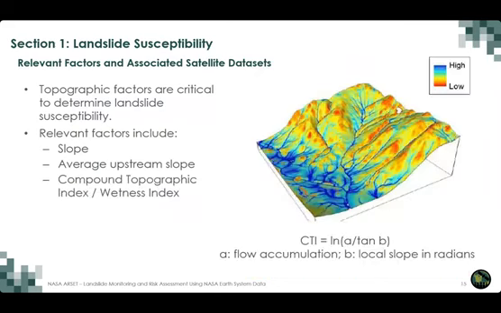Another factor that is widely assessed from digital elevation models is compound topographic index, also widely referred to as wetness index. This essentially combines both the slope and the flow accumulation in a landscape, and is another way of thinking about locations where water might be most likely to flow through a landscape. This schematic example shows the higher values in blue and the lower values in red.